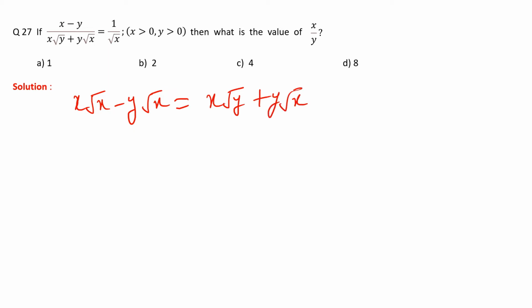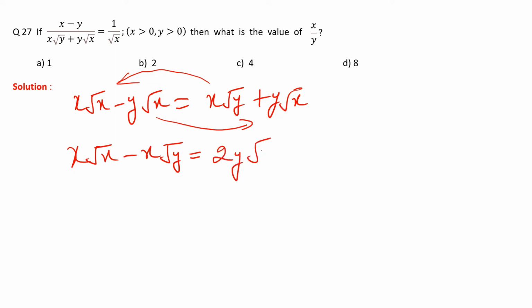So now take this term onto the left hand side. It will become x root x minus x root y equal to, and take this term onto the right hand side, it will become 2y root x. So now take out x common, it will become x into inside the bracket root x minus root y equal to 2y root x.